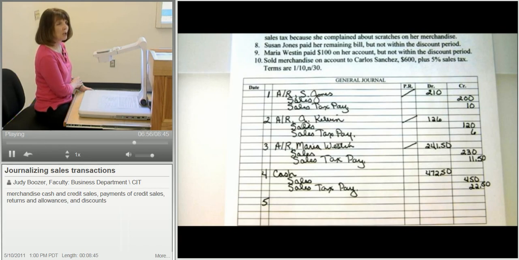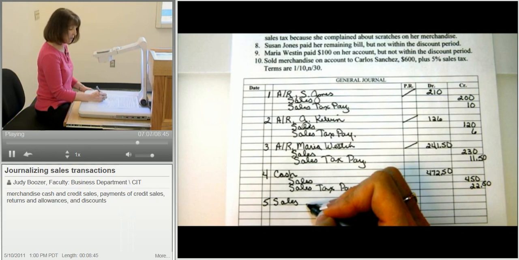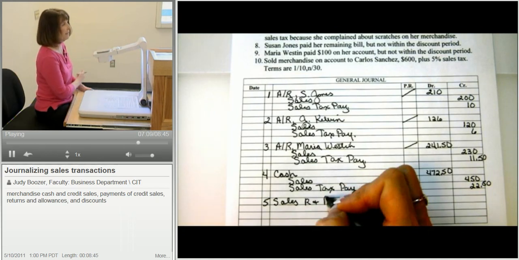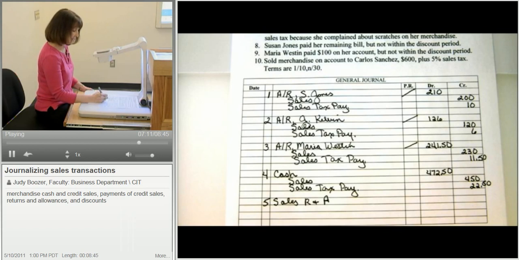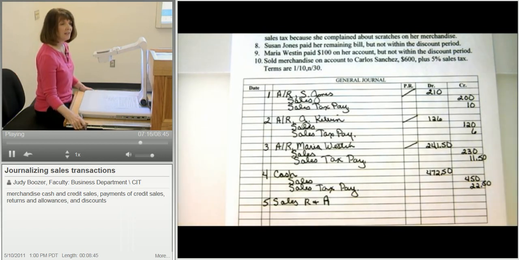She's returning merchandise. Good. Sales, return and allowance, I abbreviated R&A. And anything else? Yeah.